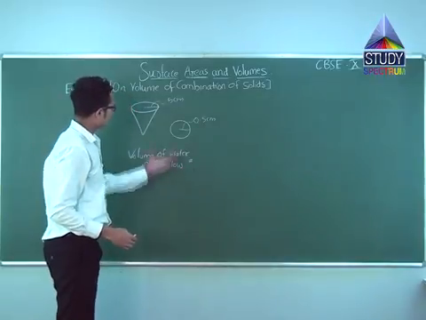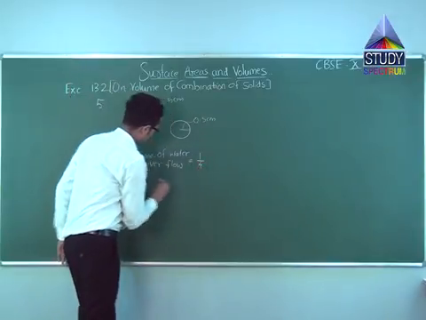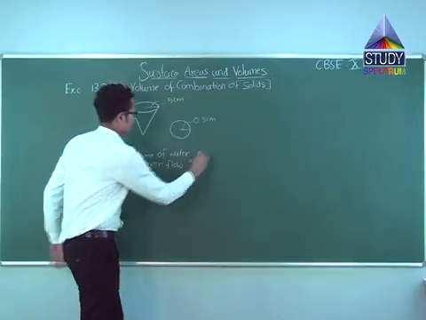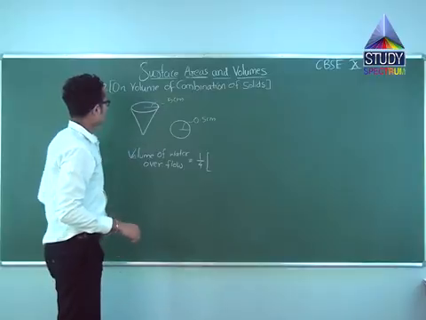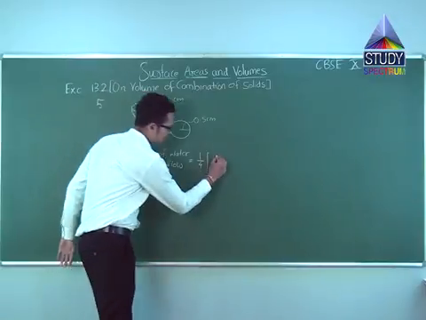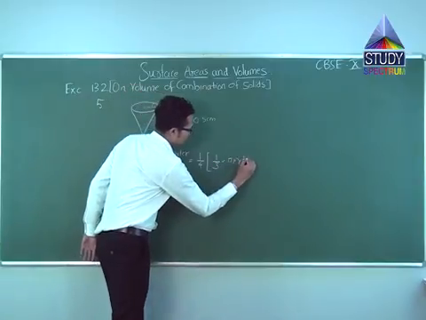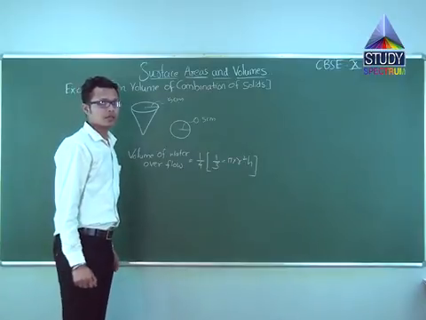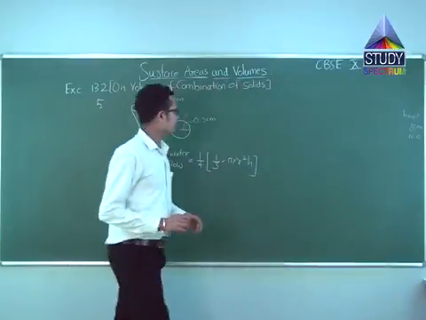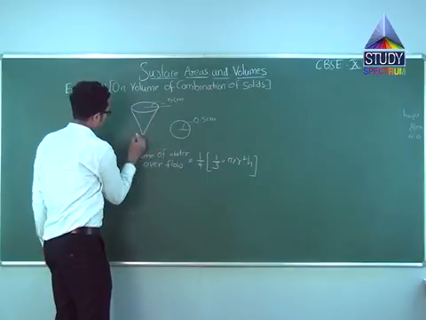Volume of the water overflow, that is overflow, is equal to 1/4 of the entire volume of this cone, and volume of the cone is given by 1/3 pi r square h. The height of the cone is given as 8 centimeters.